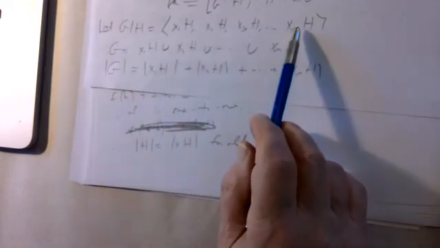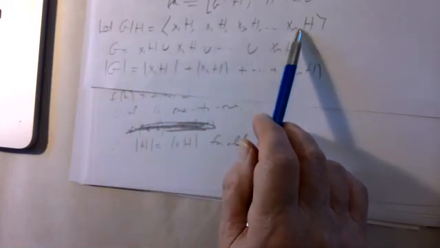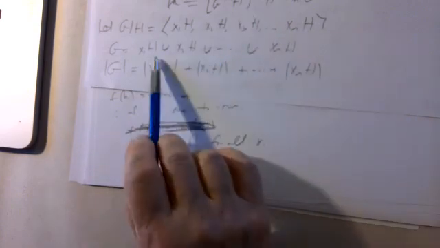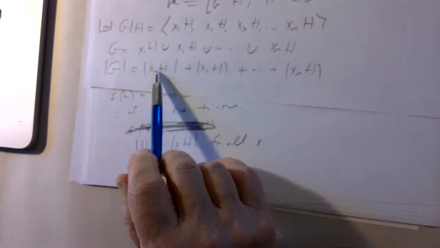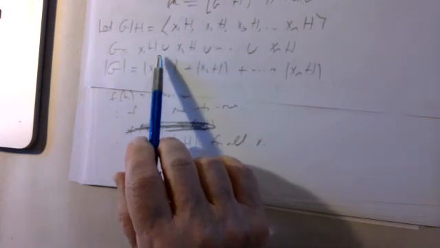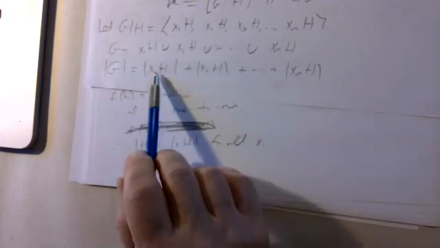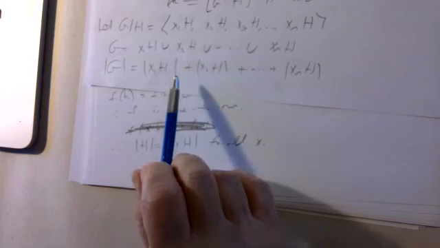So when I obtained this result, G is partitioned into a finite number r of cosets, and r is the index. These left cosets are pairwise disjoint and their union is G, so the size of G is just the sum of the sizes of all these left cosets. But every left coset has exactly the cardinality of H elements.